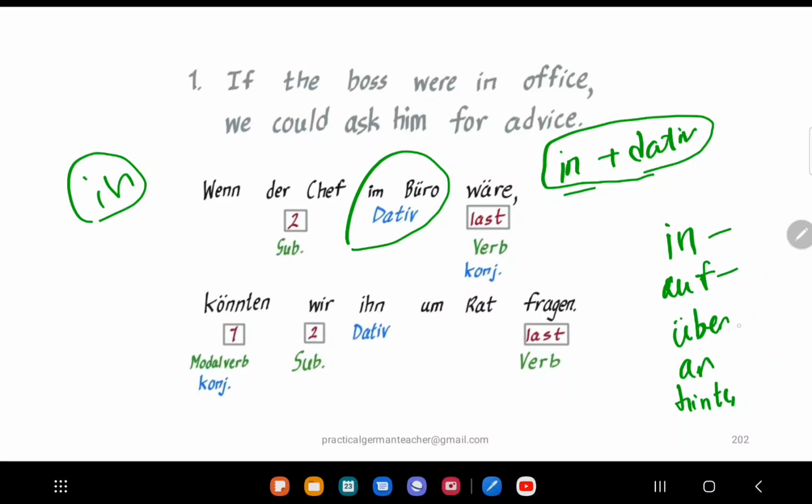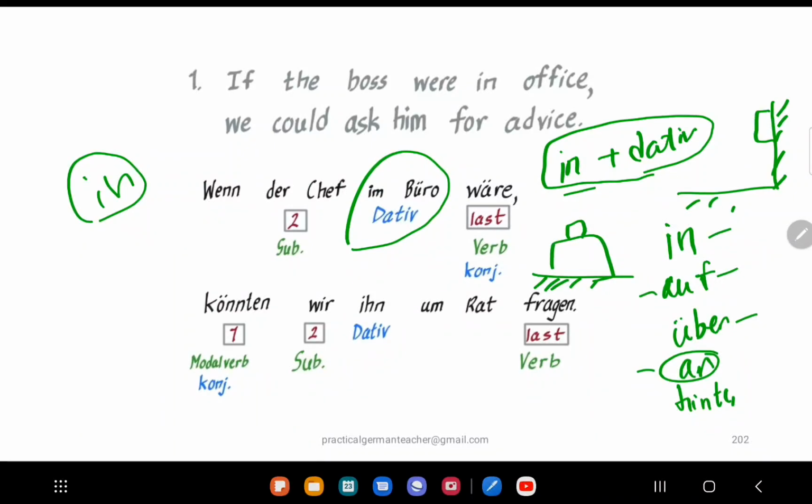This is over. An is also on, but the difference between auf and an is, let's say this is the ground, and then you have a table over here and you have a cup over here. This is auf. What is an? This is the wall, right? Vertical wall. Of course, a wall is vertical, and here you have the ground, and you have a watch over here. So now here you will have to use an. So I hope you get the idea.